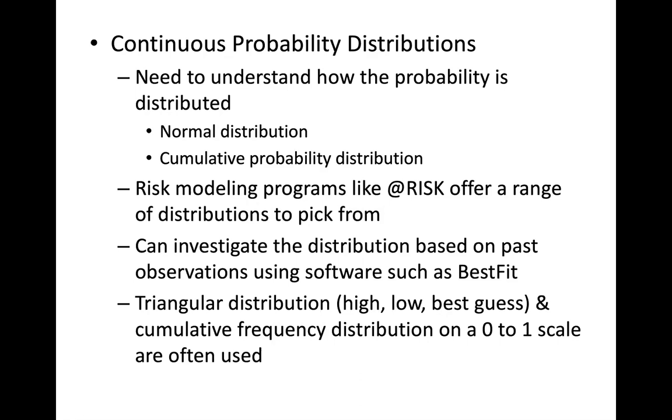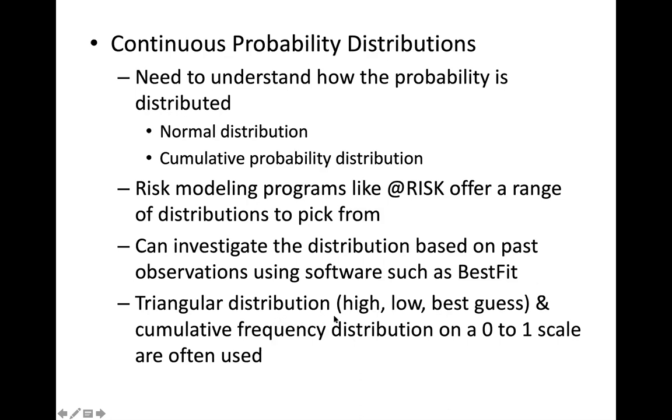So that's why you need a program like Risk, which will allow you to pick a distribution that's most similar to what you have. Or you can investigate your distribution and try to simulate it yourself using something like Best Fit or another set of software that looks at a data set and pulls a distribution. You push this distribution into your Excel, and you come out with your expected NPV based on that distribution.